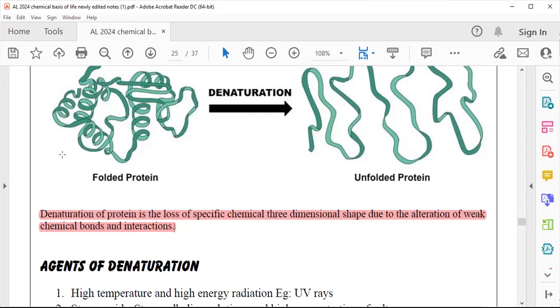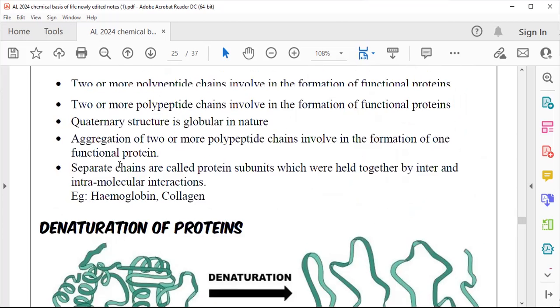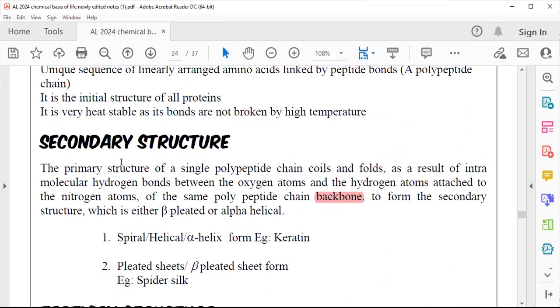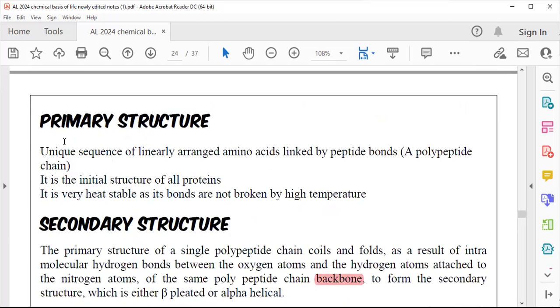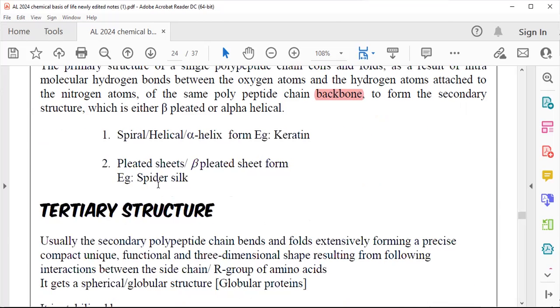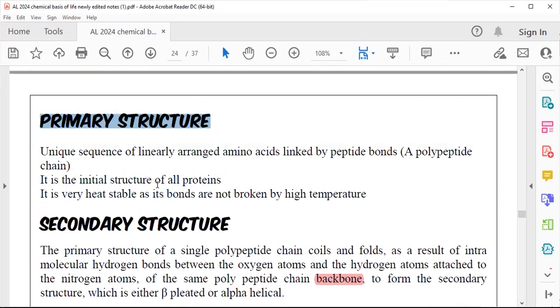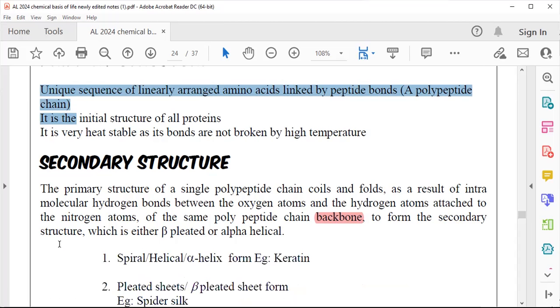Remember one more thing. Three-dimensional structure is not noticed in the primary structure. Are they speaking about the three-dimensional? No. Look at the secondary structure.